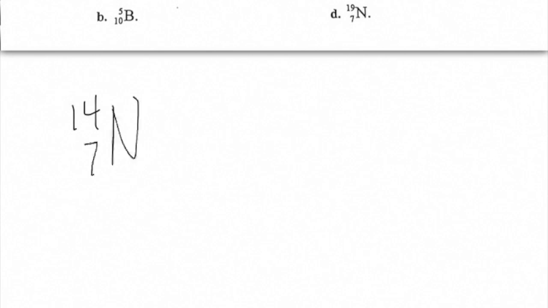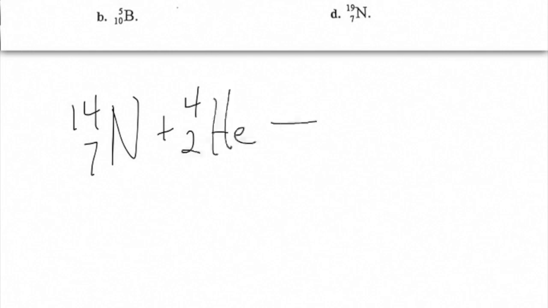If you bombard nitrogen-14 with an alpha particle and you get one product, what would it be? Well, let's set up the equation again. 14, 7, that's nitrogen, atomic number 7, plus an alpha particle. So again, the key to remember with all these nuclear equations is that the numbers on the top and the numbers on the bottom have to add up to the same total on both sides.